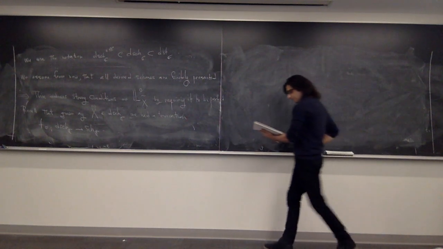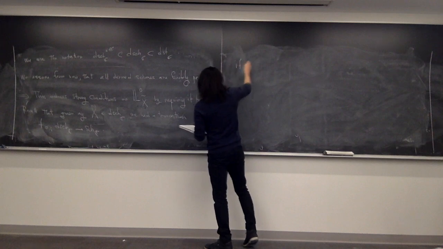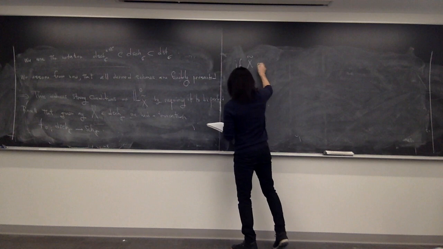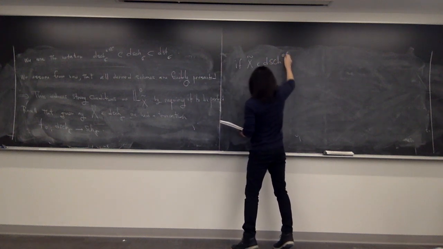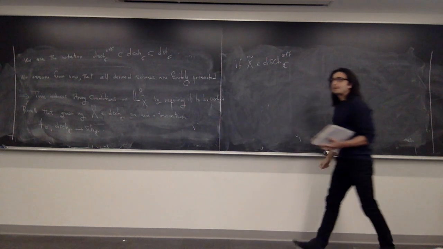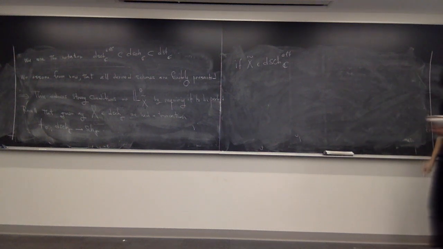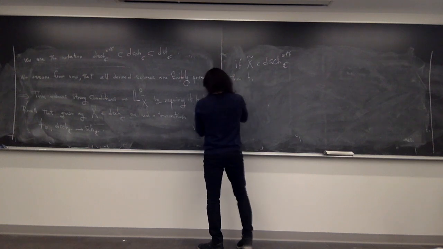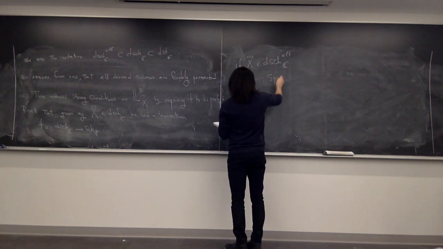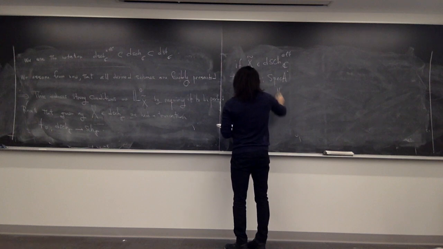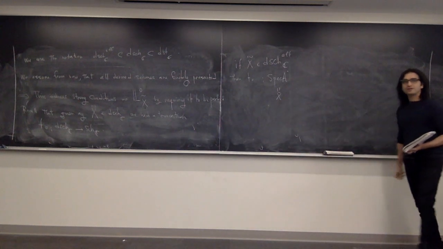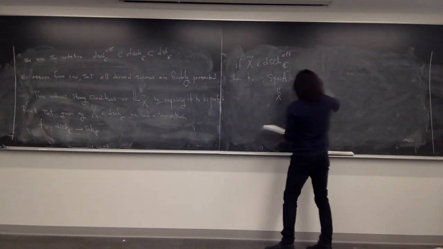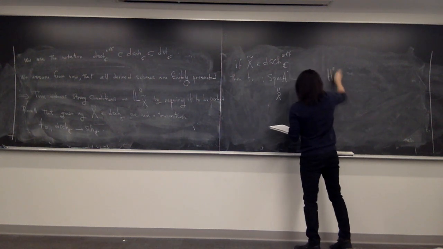So if this derived scheme is itself an affine derived scheme over C, so it's the spectrum of some CDGA, then T0 takes it, so this is our X, the spectrum of A dot, to the spectrum of H0 of A dot.